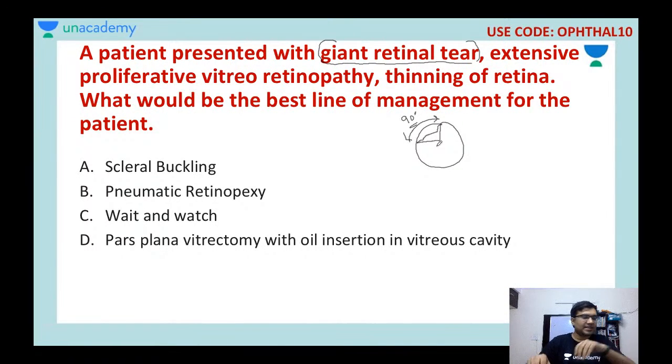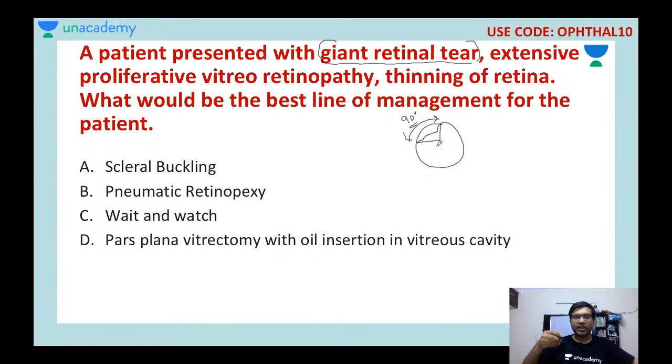How can you understand this? Let's say this is the retina, and it has detached. There is a tear in the superior part and it crumbles on its own. This is the problem whenever we have a giant retinal tear. Are you getting my point, Dr. Danish?